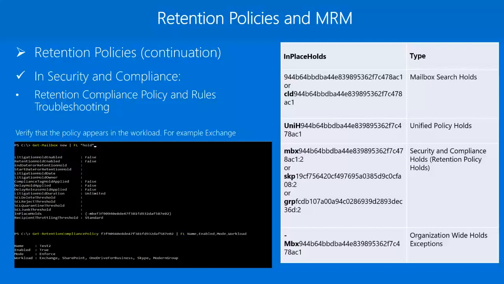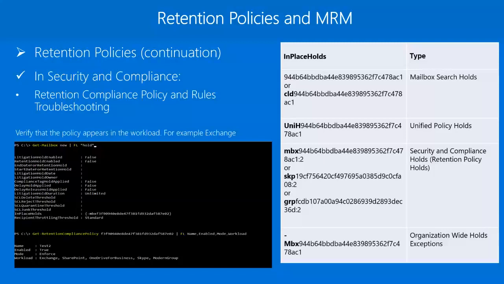For an organization-wide hold, the hold ID will not be stamped on the organization config object, and you will not see that hold ID stamped in the in-place hold property of the user unless the user is excluded.